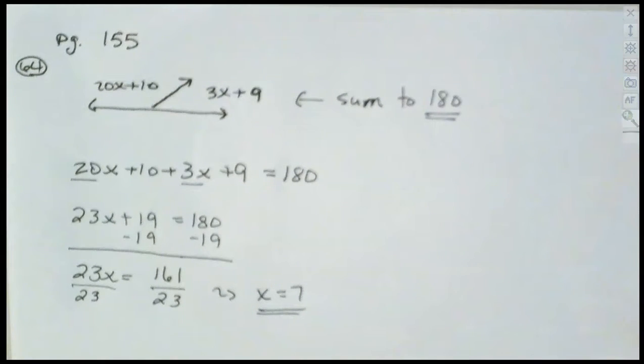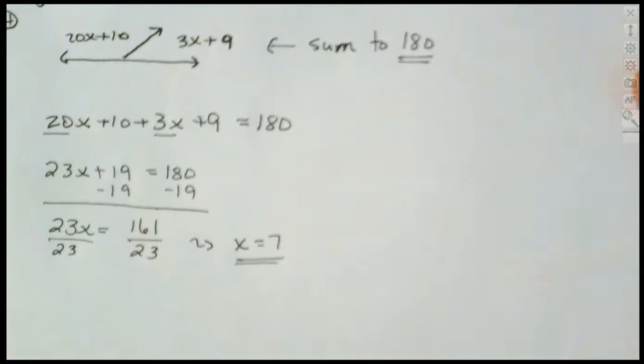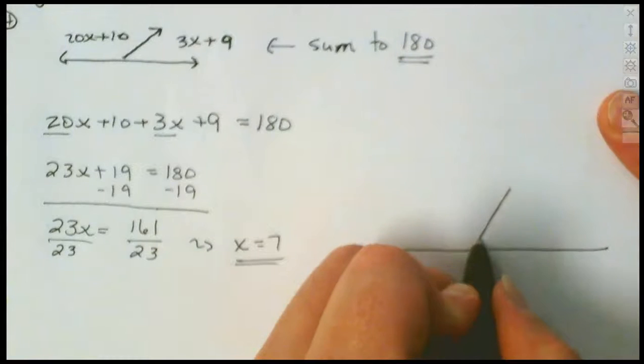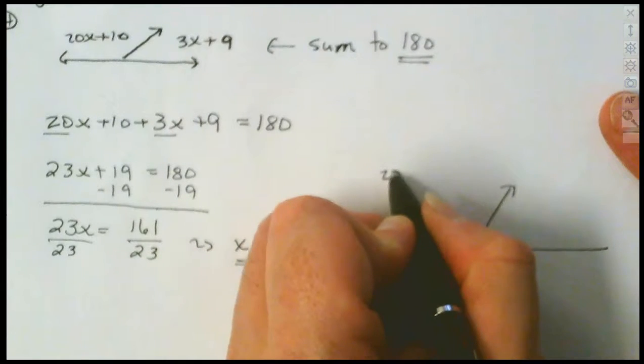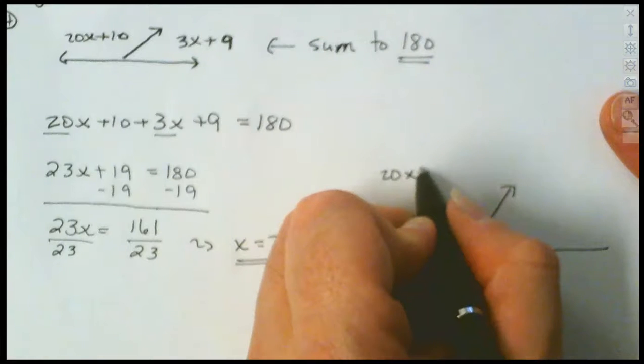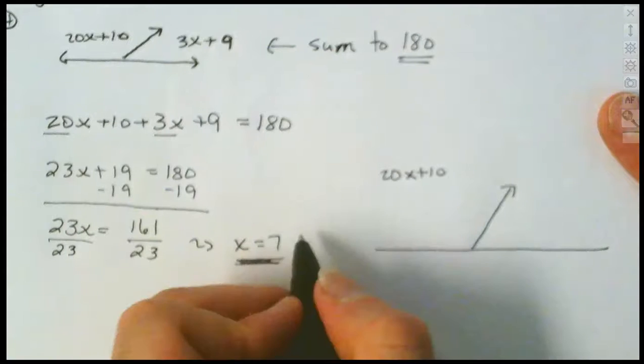Now, that is not going to be our answer. That is not the final answer. Here's what your final answer is going to be. Going back to the original, it is 20x plus 10 over here. Now, we know that x is going to be what? 7. So we're going to plug that in.